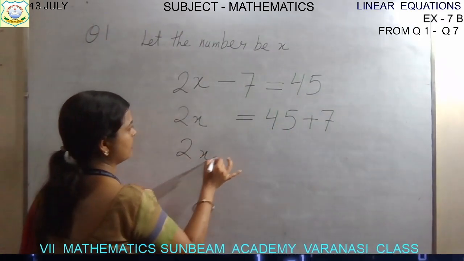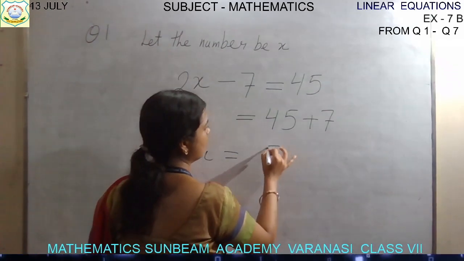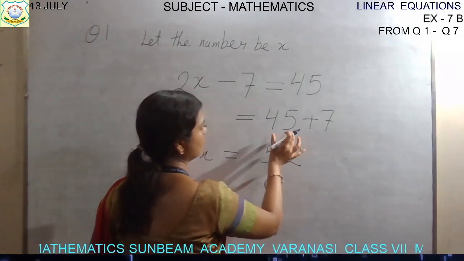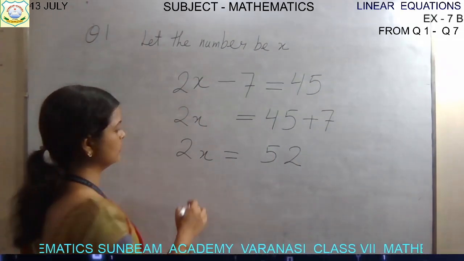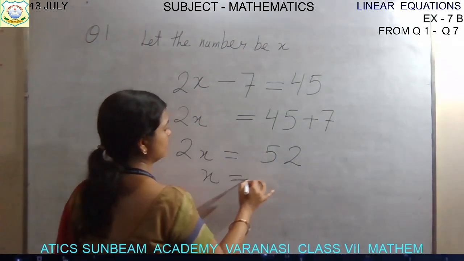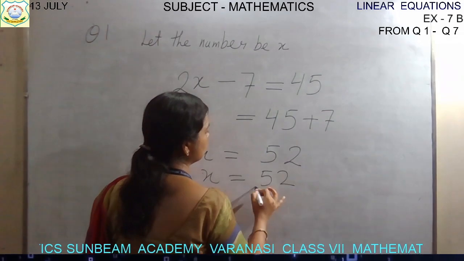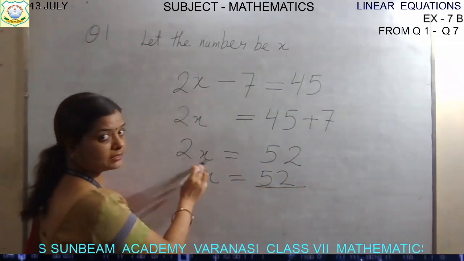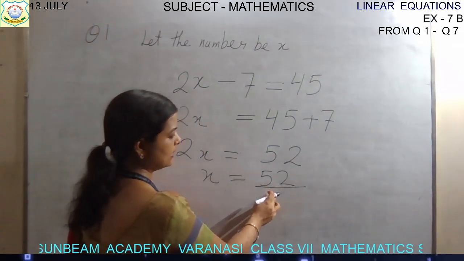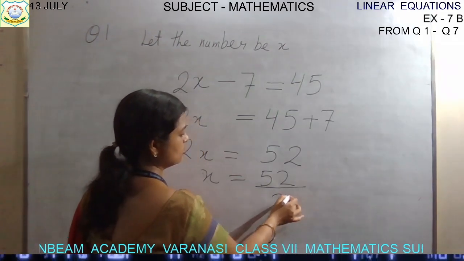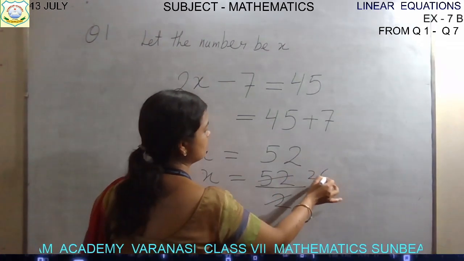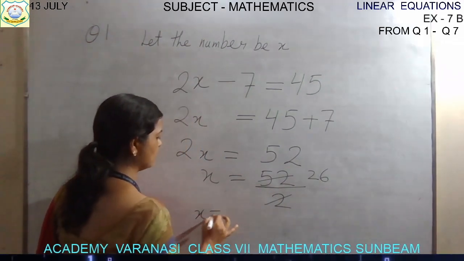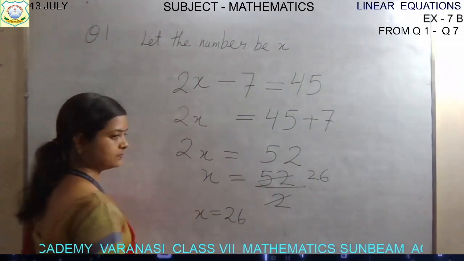So twice of x is equal to how much? 52. When you add 45 plus 7, you will get 52. And x is equal to 52 by 2, since this is in multiplication, it will go to RHS and it will be divided. So 2 2s are 4, 1 is left, 2 6s are 12. x is equal to 26.